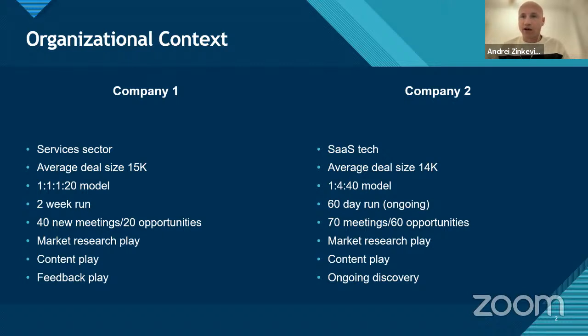You can't expect deal flow into your pipeline just by running display ads or any kind of ads, driving traffic to a landing page, and then sales just passively sitting and getting all of these opportunities and working with them, right?